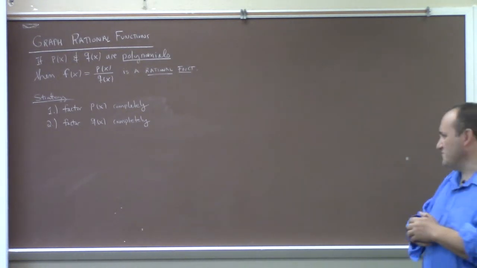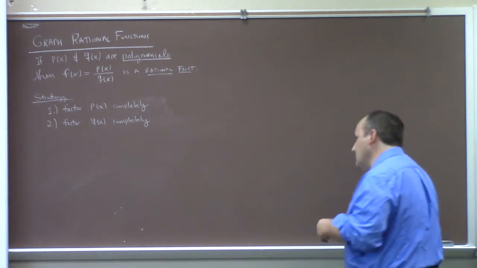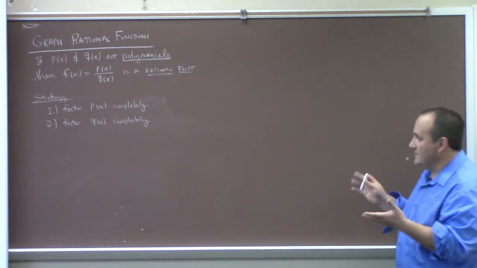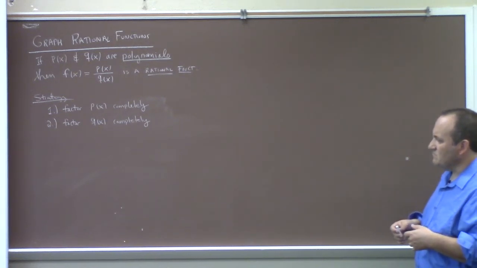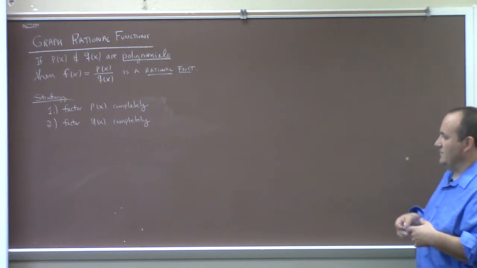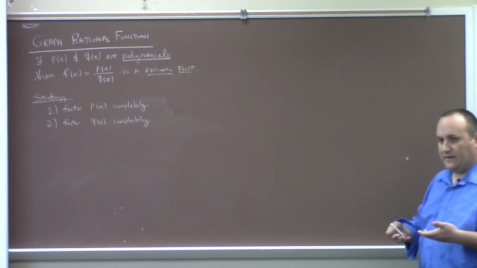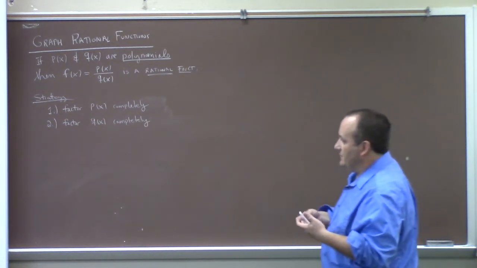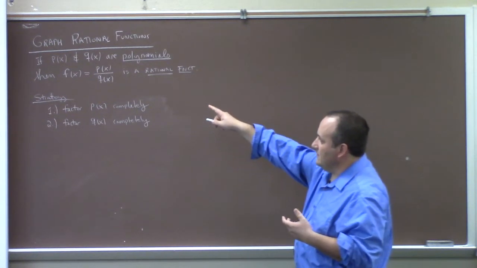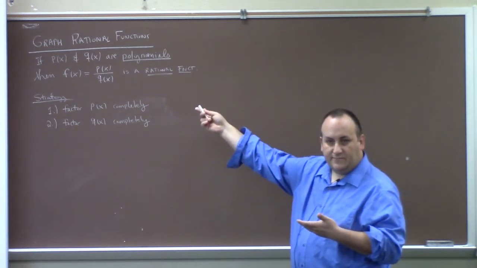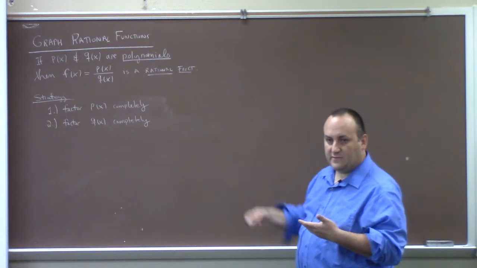Because there's a new weirdness here that we should confront directly, so we'll have to talk about that. That's the idea of a hole in the graph. The other more interesting thing is if q of x is 0, then we could have division by 0, and that gives us what are called vertical asymptotes.